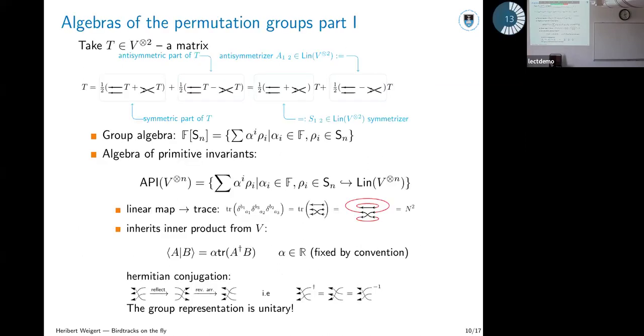Let's look at a very, very simple example of what is going on. Again, the diagrams are not ideal, but in terms of birdtracks, the first birdtrack here is leave the indices sit, and the second birdtrack is swap the indices. I take a tensor with two indices that I'm acting on, and a tensor with two indices is a matrix.